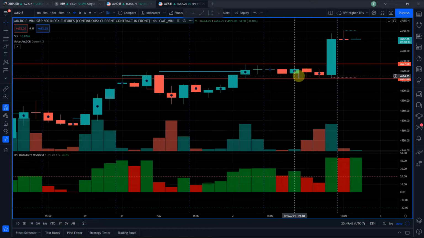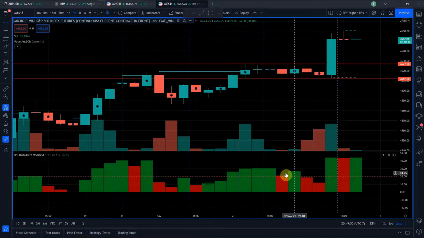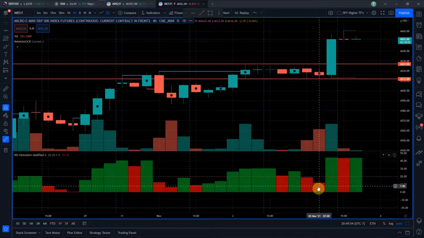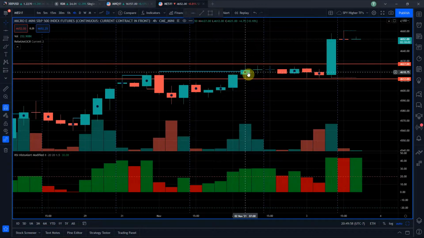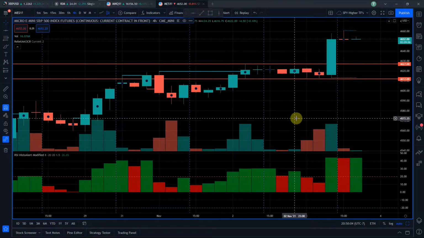So my plan for the day, just from looking at this chart here, you could see momentum was still to the upside. It's starting to turn red, but not quite there yet. So I really wanted to see either A, a break above here, or B, a break below here, with momentum to the downside. That's as simple as it gets.